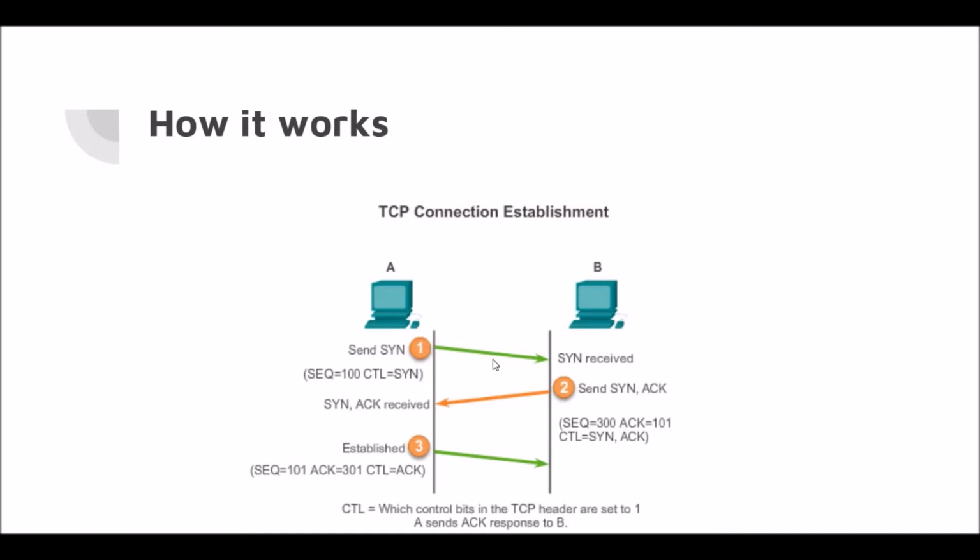So it sends the synchronization data, and the server receives it and says, hey, I'm going to send mine now, and an acknowledgement that I received yours. Then a connection is established, and that's the three-way handshake.